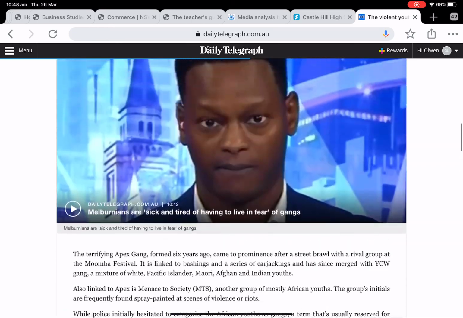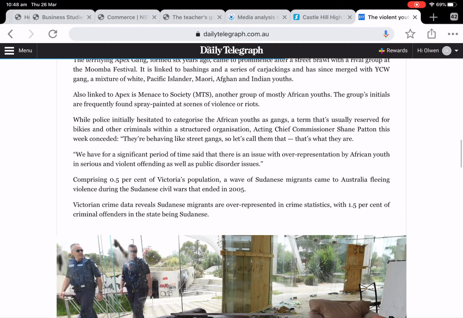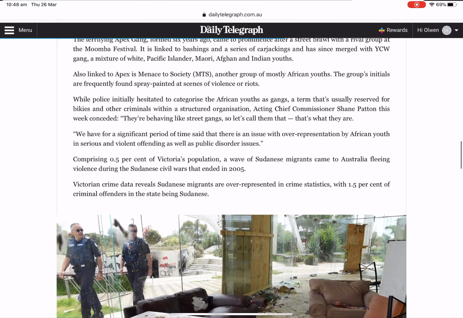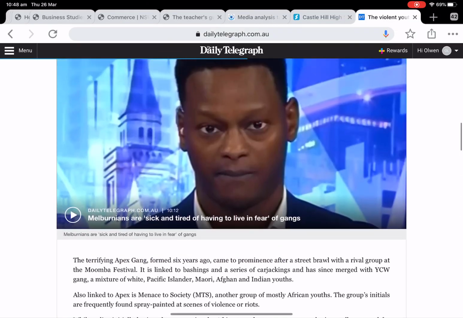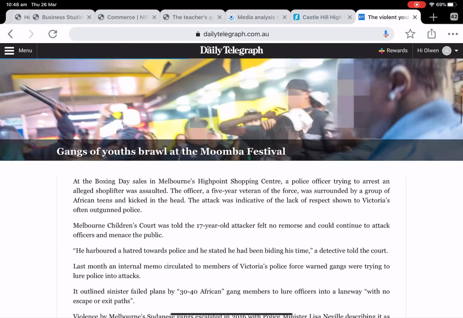The next thing you can then do is look at the types of words and what they're saying. "They're behaving like street gangs, so let's call them that. That's what they are." So what we're seeing here are quotes from the police and general opinions of Africans.